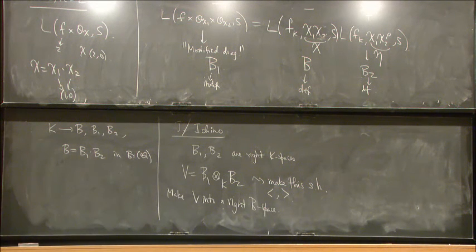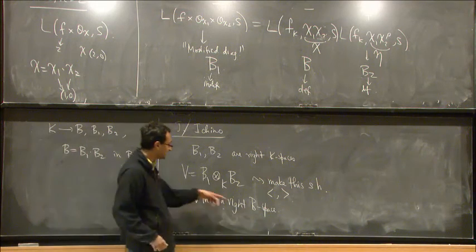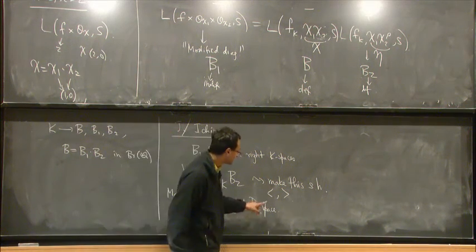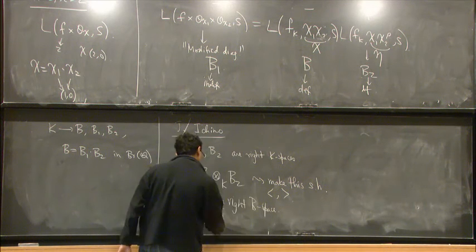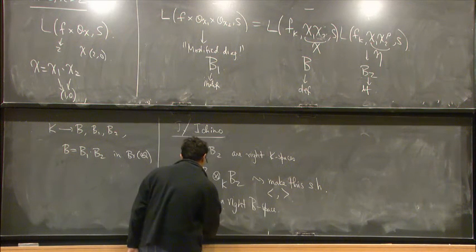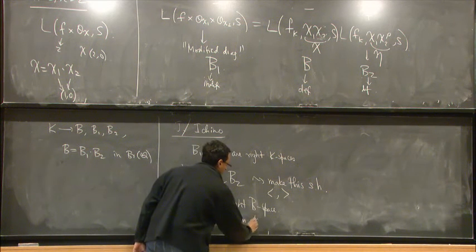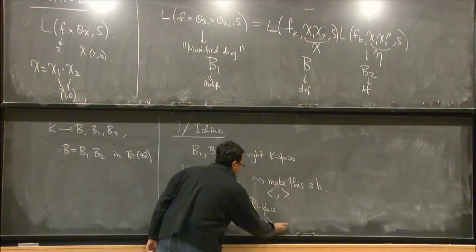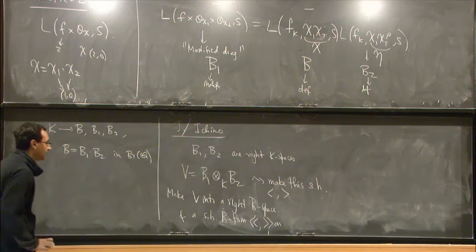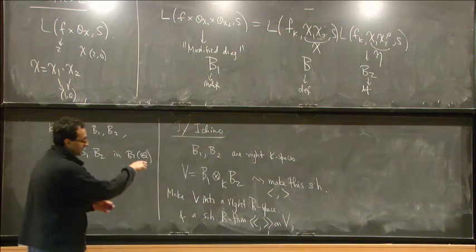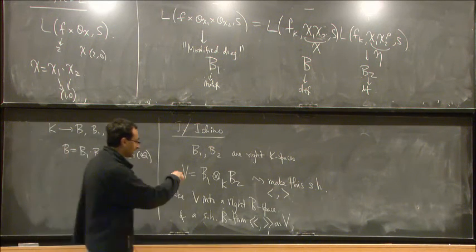So V was 4-dimensional as a K vector space. It's going to be 2-dimensional as a right B space. But moreover, there's a natural way to construct a B form, which I'll write with the double brackets, on V in such a way that you can recover this K-Hermitian form by taking a projection.